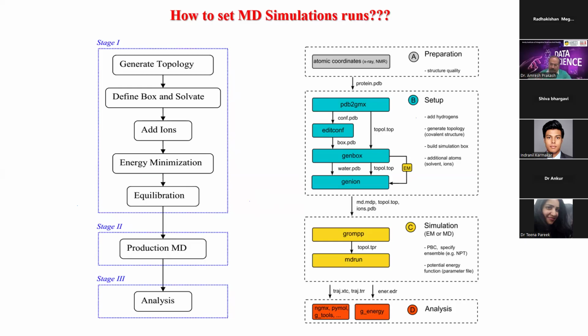There is a long list of analyses. Whatever analysis you want to do, you can do in GROMACS using two files, your .xtc file and .tpr file, and you are able to retrieve lots of information.